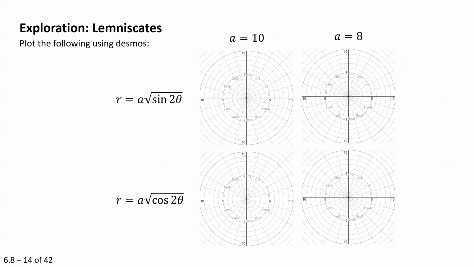Lemniscates, these things generally have two petals to them. You can plot these things in Desmos and see what they look like.